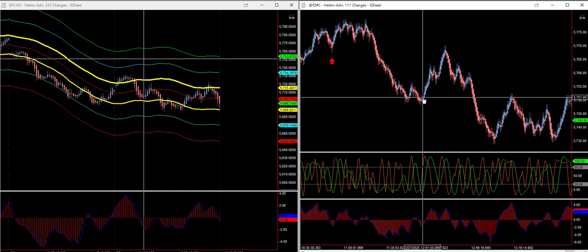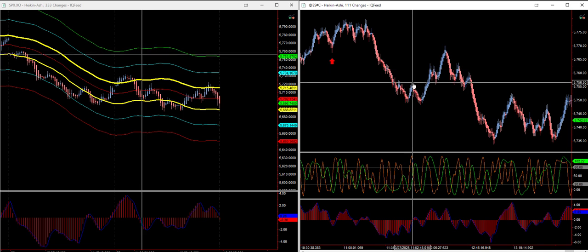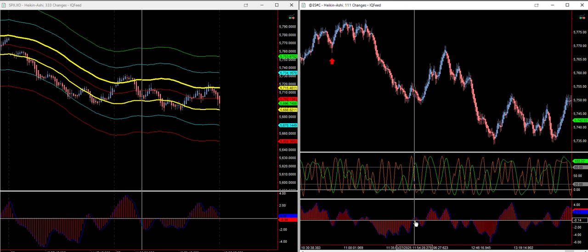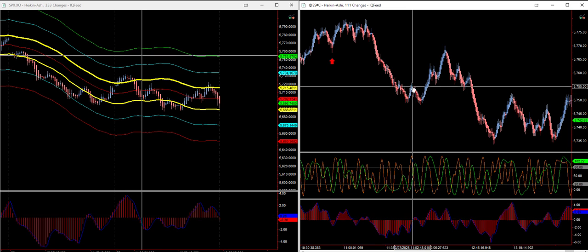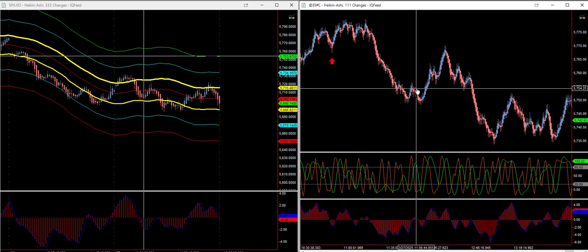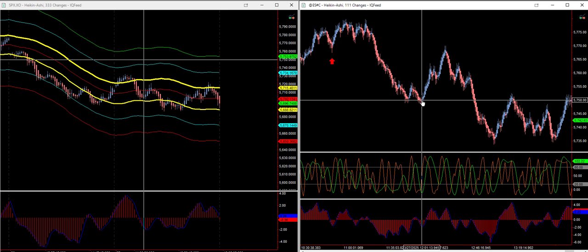This has pulled back up right here. Look at the oscillation and look at the Fisher. The pattern is here, right there. So this is why we have two of them. If this is not the pattern, this pattern is the one. So you got some quick 4 or 5 point scalps.